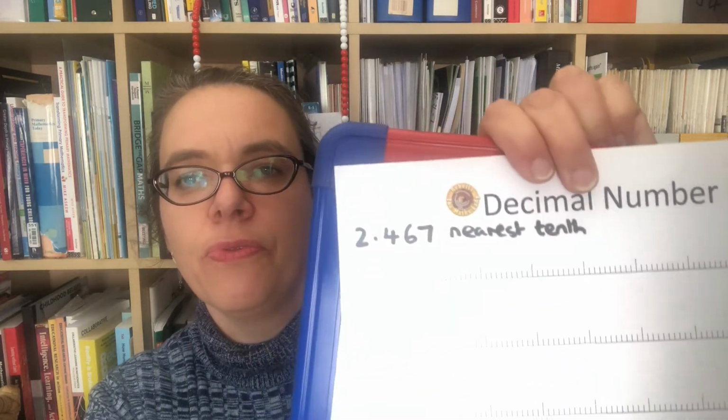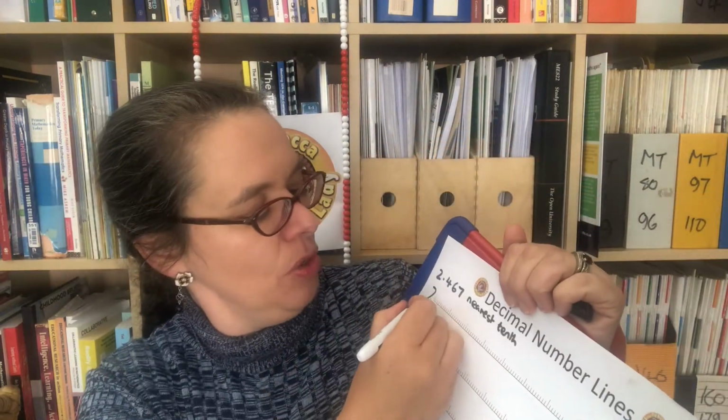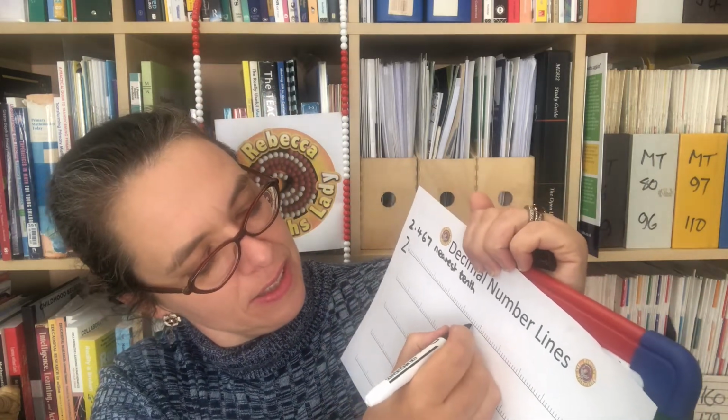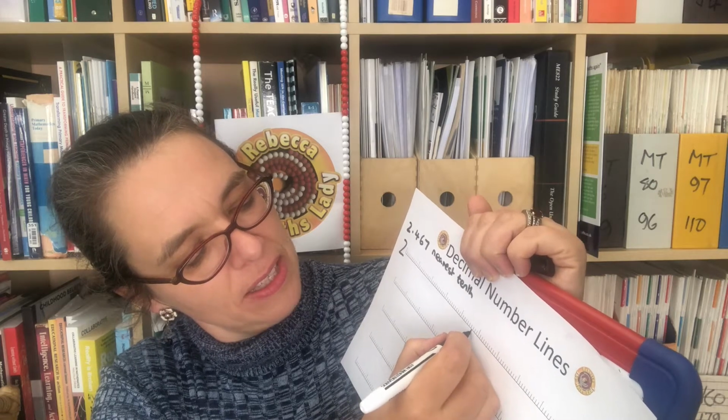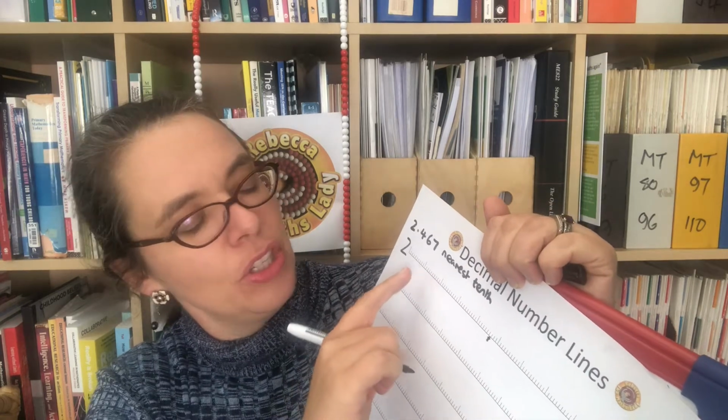Okay, rounding with decimal numbers. Let's consider a question like round 2.467 to the nearest tenth, or to 1 decimal place. Make sure you ensure children understand that that's the same degree of accuracy. It's all about understanding where these numbers fit on the number line. So if we make that 2 and that's 3, 2.46 is there, and 7 is going to be slightly closer to 2.47 than 2.46.